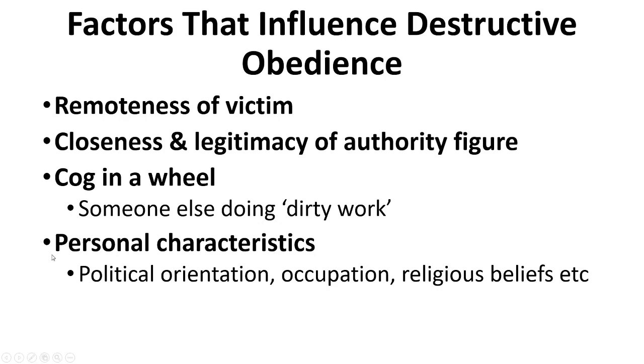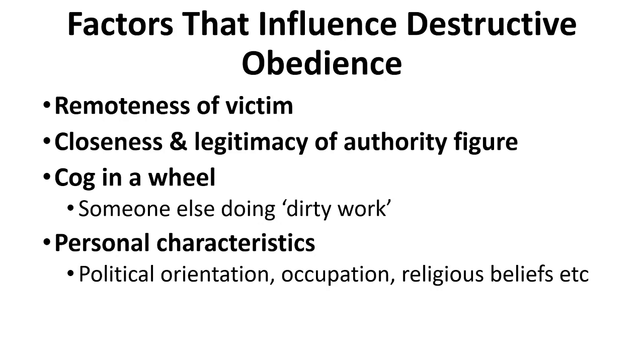And there's also an effect of personal characteristics, things like your political orientation, your occupation, religious beliefs, things that matter to you. So each individual's characteristics and constitution would contribute to how likely they were to go along with a particular setup.